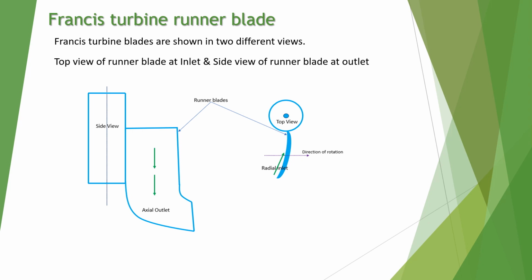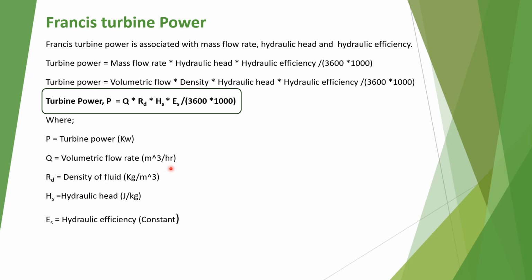Then the Francis turbine power is associated with mass flow rate, hydraulic head, and hydraulic efficiency. Turbine power is mass flow rate into hydraulic head into hydraulic efficiency upon 3600 into 1000. Further, we can also express the power using volumetric flow into density, which is mass flow rate, into hydraulic head into hydraulic efficiency upon 3600 into 1000.